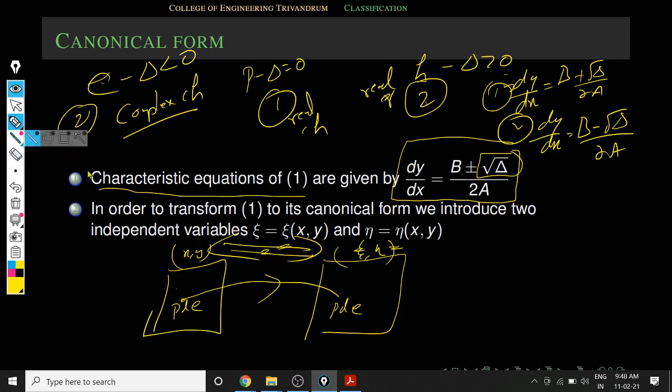I will explain how to find psi and eta for hyperbolic, parabolic, and elliptic PDEs with the help of some examples.